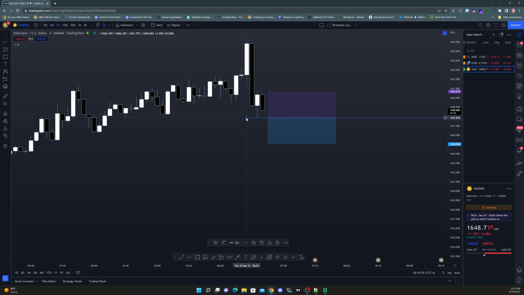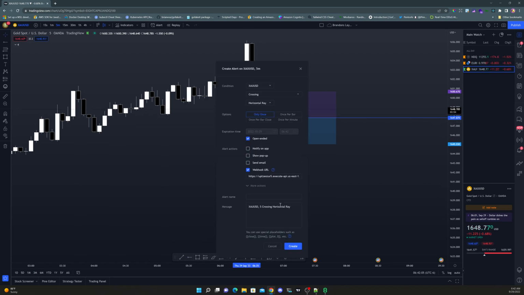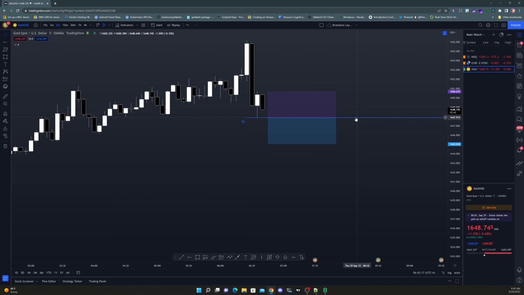Because if it falls, it's going to fall, right? So we'll just put an alert here so we can track it. And we'll say sell stop. Oops. And we'll go and move this here and we'll wait. Get tapped in. We'll put a stop loss and then we'll have full TP down here.